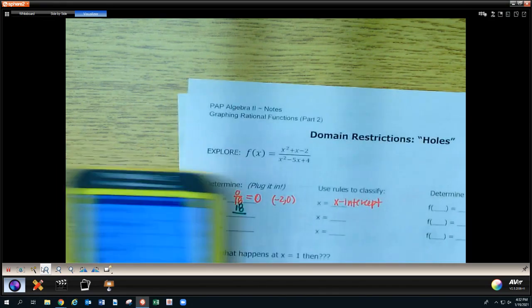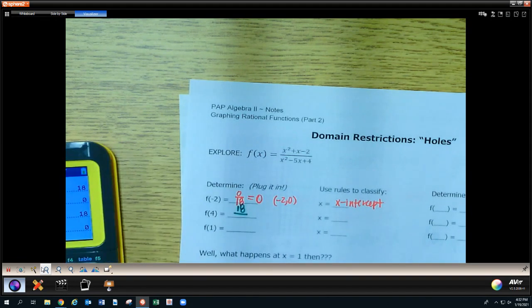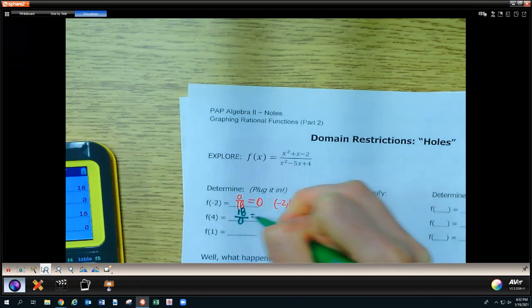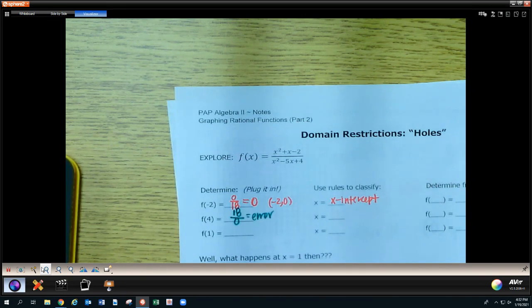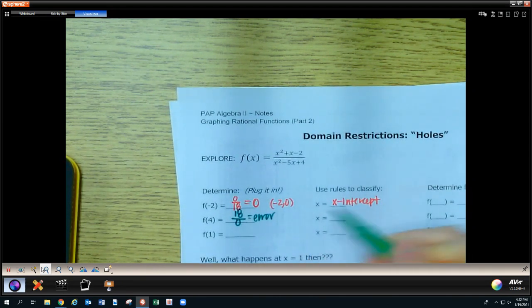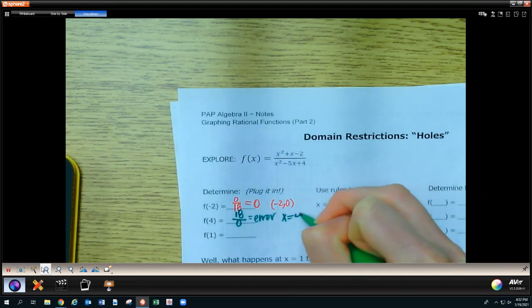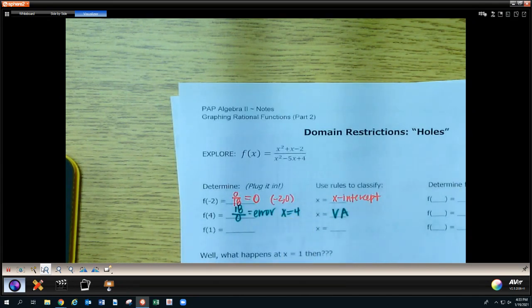The bottom, 4 squared minus 5 times 4 plus 4, is 0. So 18 divided by 0 is an error. You can't divide by 0. We know that's undefined, and so at x equals 4, that's our vertical asymptote. It's where it's undefined.